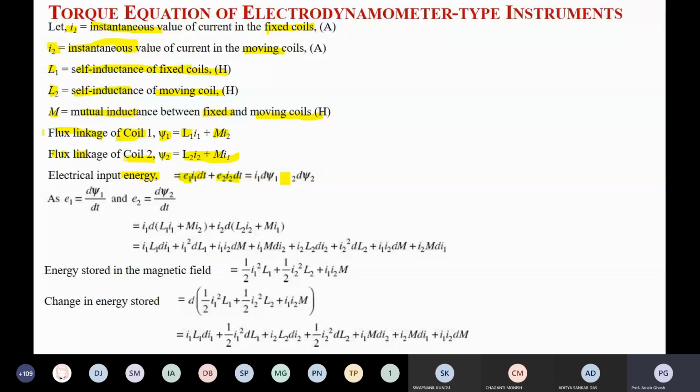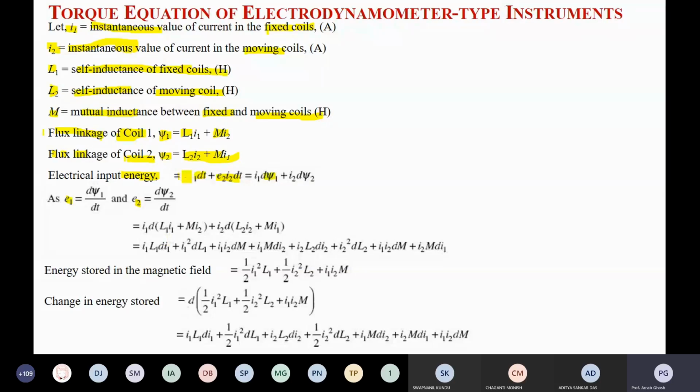After that, placing all those values, what is the exact value? The value of psi 1 is already given, L1 I1 plus M I2, and psi 2 is also given, L2 I2 plus M I1. In both cases you just replace the values of psi 1 and psi 2, and finally you will get that expression.